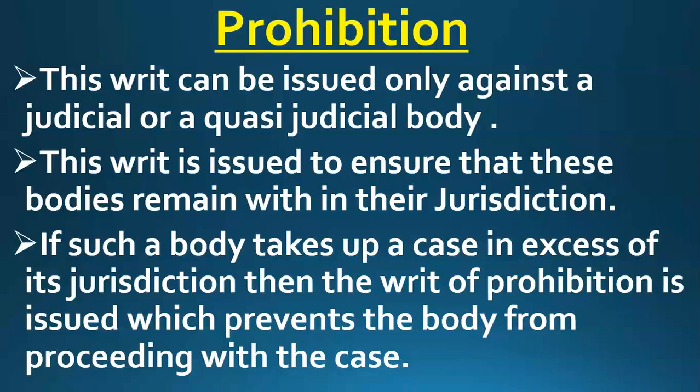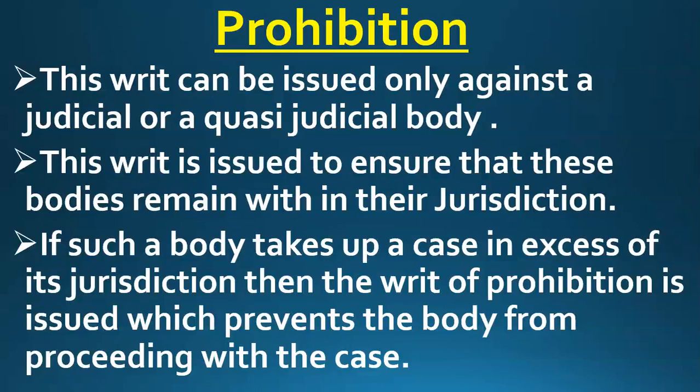Now suppose that case was proceeding. What can the Supreme Court do? The Supreme Court can issue the writ of prohibition, and by issuing it, the Supreme Court will order that subordinate court to stop proceeding with this case.